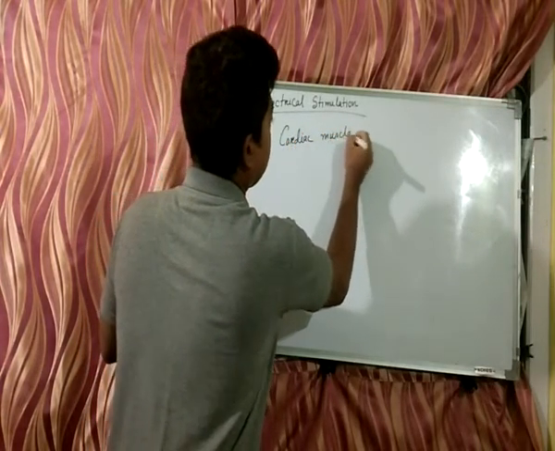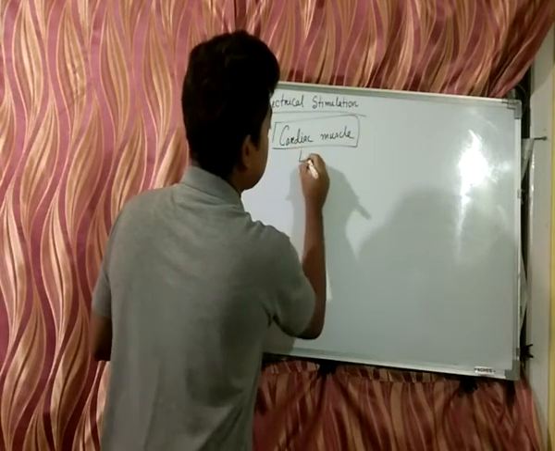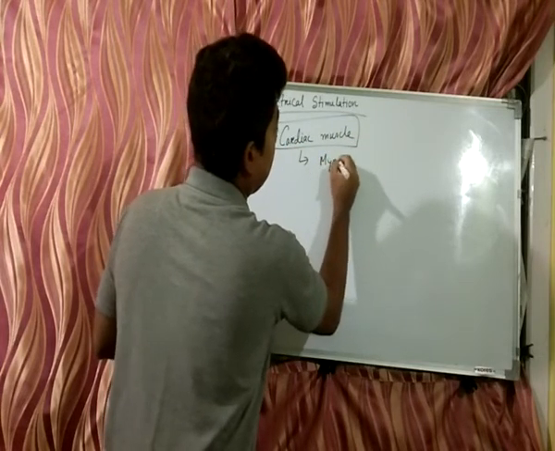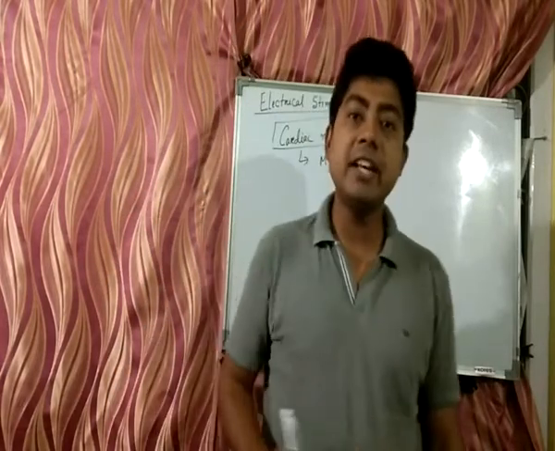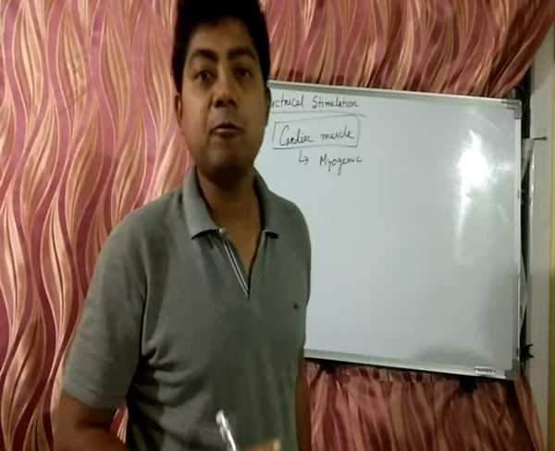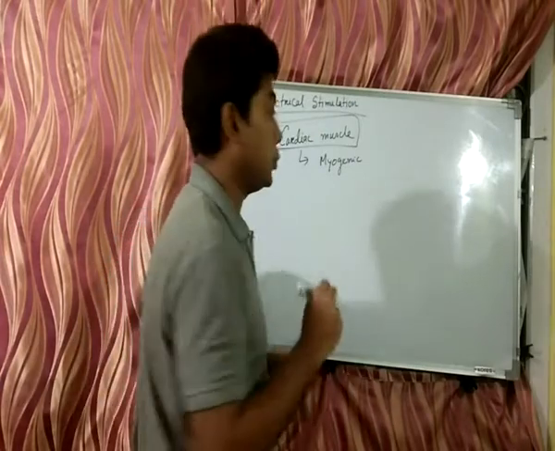Cardiac muscles are myogenic. Myogenic means these are originating from muscle tissue.